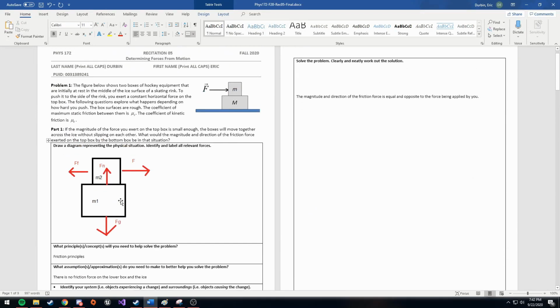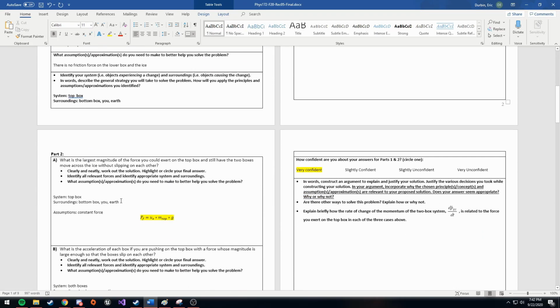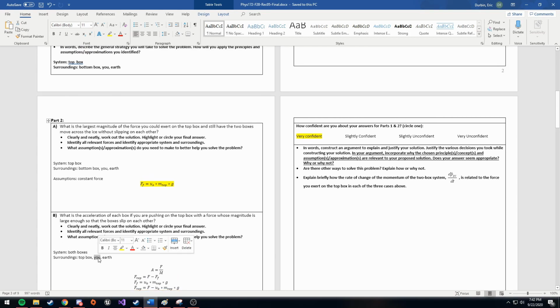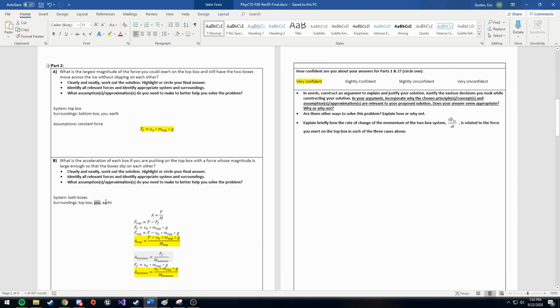And for B, U isn't a surrounding, because only the top box is exerting force, technically. But for the U, F applied is from U. There's two parts to this technically. I'm kind of grouping them together because I'm lazy. Okay.